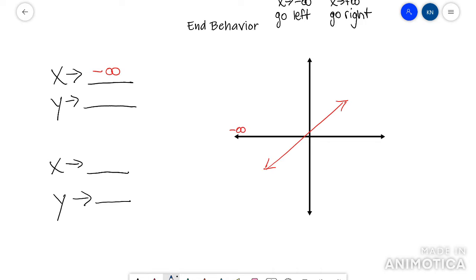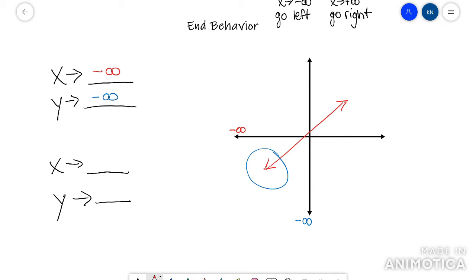And that's when you need to look at this and be like, oh, okay, the arrow is pointing down. Well, you're saying what does the line do in terms of y values? If it's going down, it's going to go down to negative infinity on your y. So my answer here would be negative infinity.